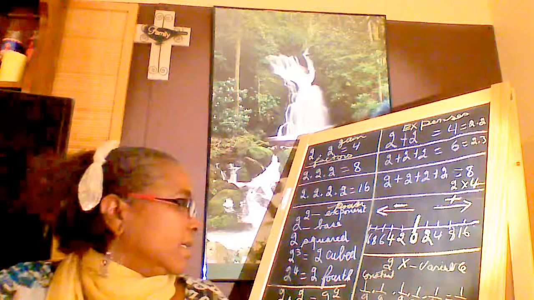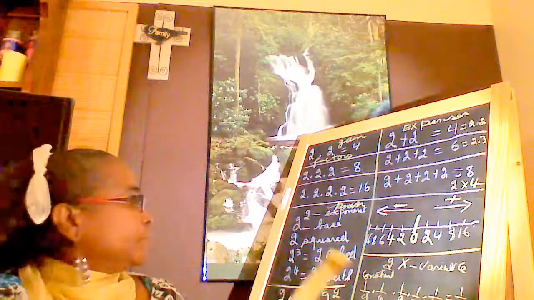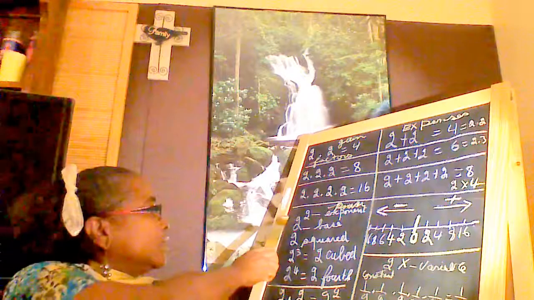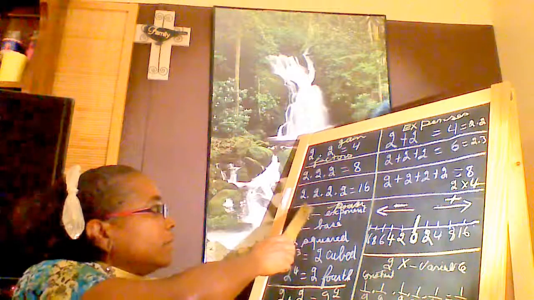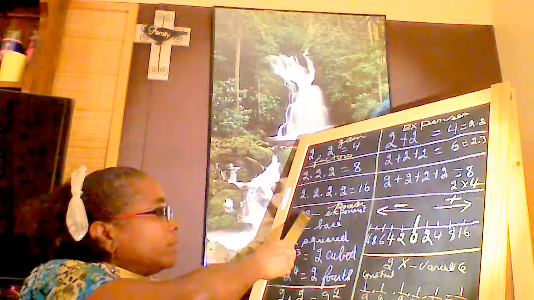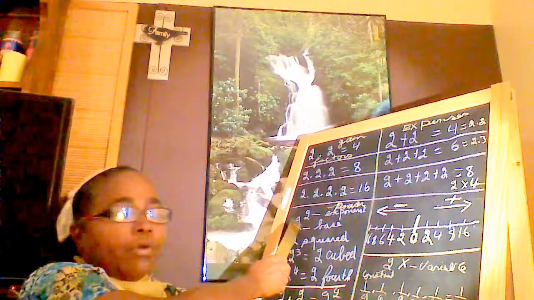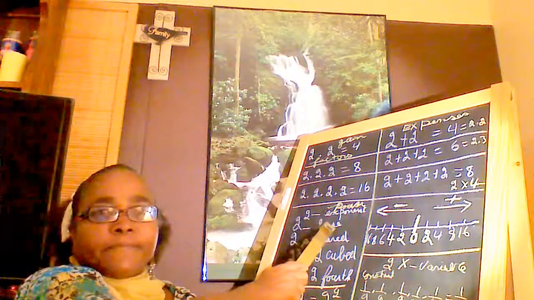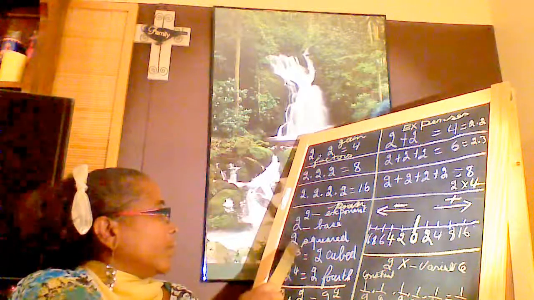So let's repeat the names. We have 2 squared. We call it the square exponent or power. Due to the big number at the bottom, we call it base. And then we can say 2 squared.